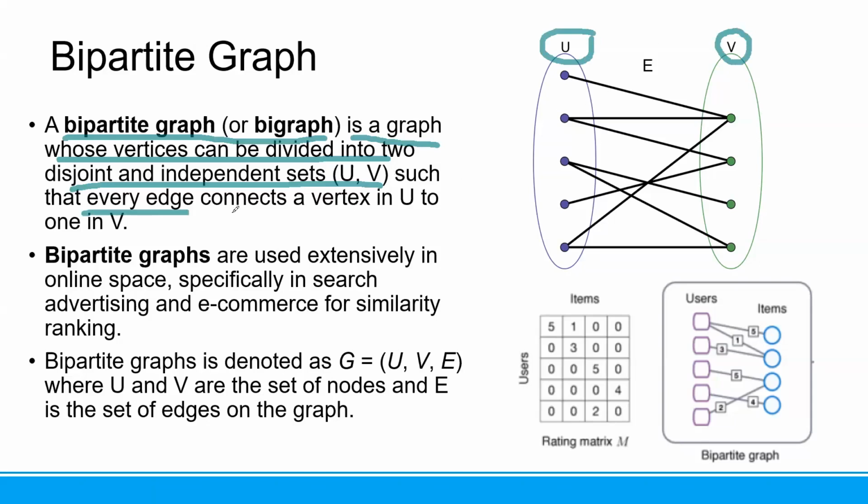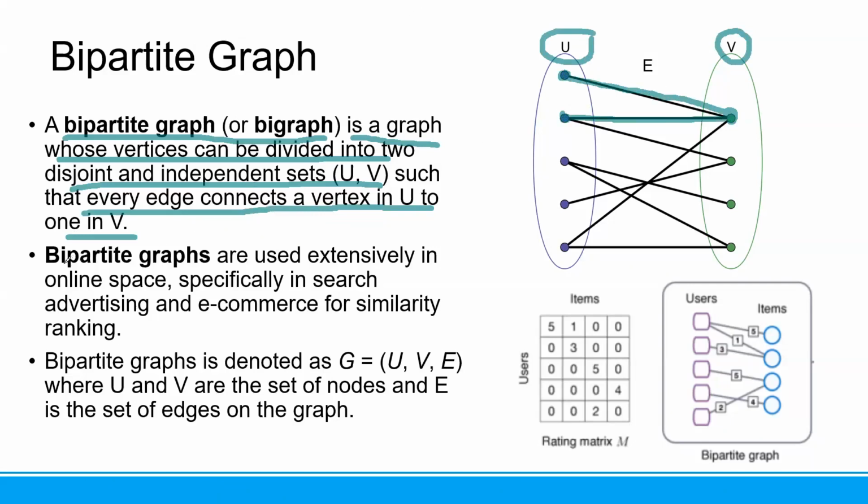And every edge connects a vertex in U to one in V. So I have one vertex here, I can connect it to another vertex. I have another vertex here, I can connect it to this vertex.